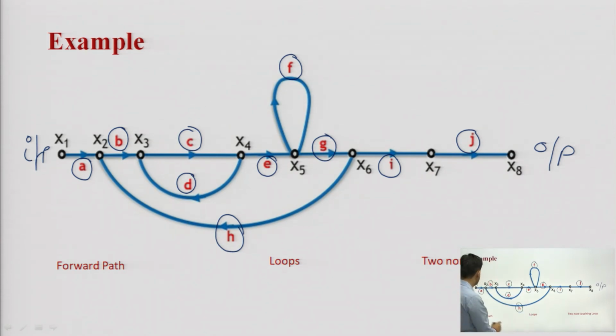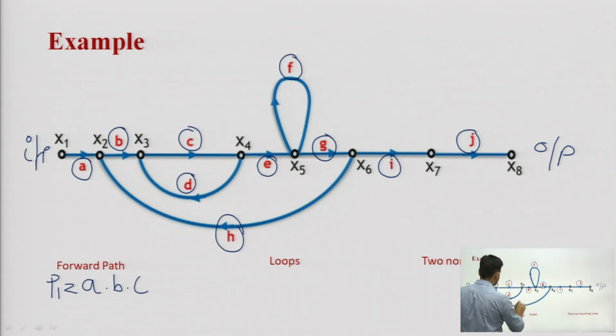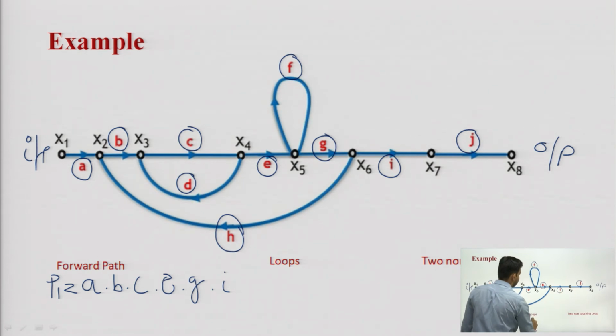So, here forward path P1: I will traverse from x1 to x2 with gain A, then x2 to x3 with gain B, then gain C till x4, then x4 to x5 with gain E, then x5 to x6 with gain G, then x6 to x7 with gain I, then x7 to x8 with gain J, right.